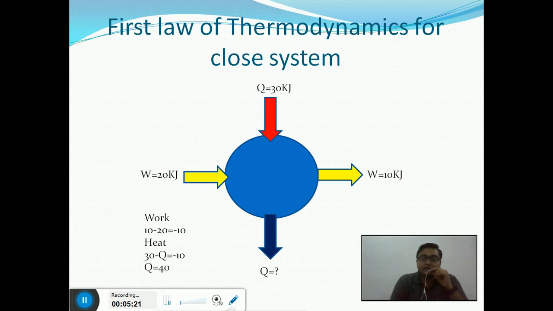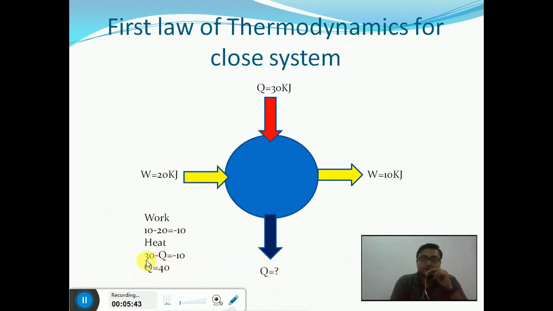So heat added minus heat rejected is equal to cyclic integration of del W, which is nothing but minus 10. So we are getting Q amount equal to 40. So 30 is the heat added into the system minus heat rejected, which is denoted by Q.